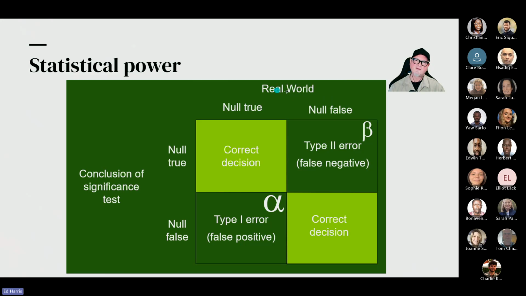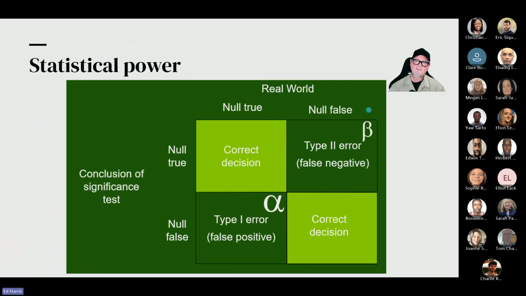So in the real world, these two columns represent whether the null's true. You hypothesize the null's false. That's what scientists do, and they design experiments to falsify the null. But in the real world, in this column, you're wrong. The null is true.